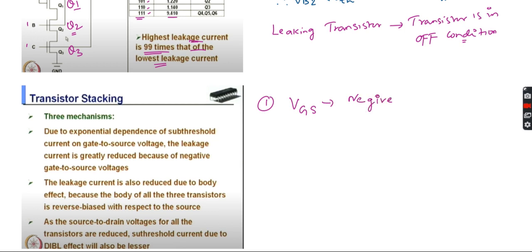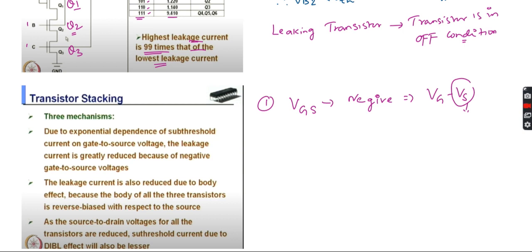VGS negative is nothing but VG minus VS, the source. Even the bulk is connected to VSS only. So this should be negative. You should bring it like a reverse bias.